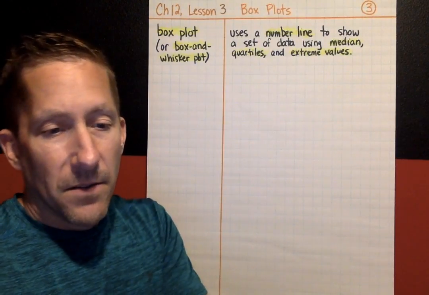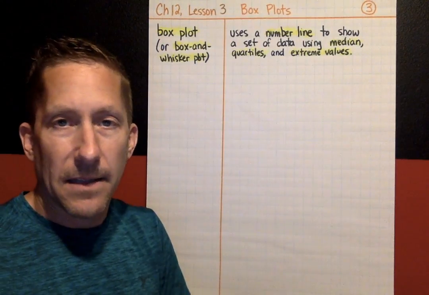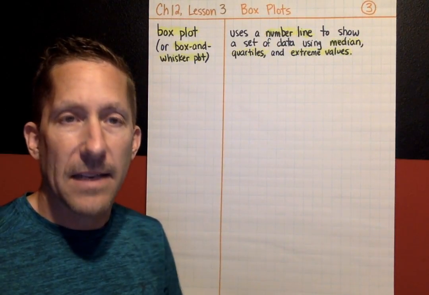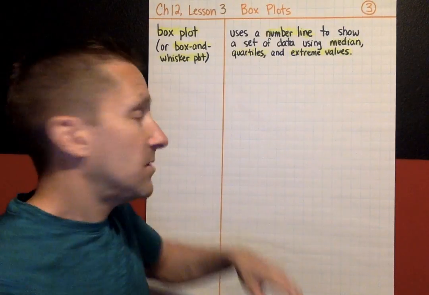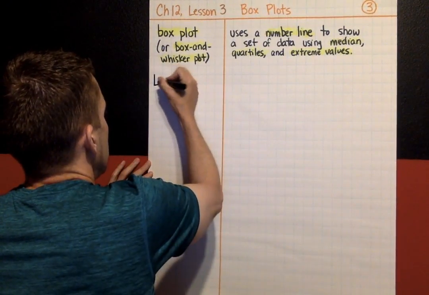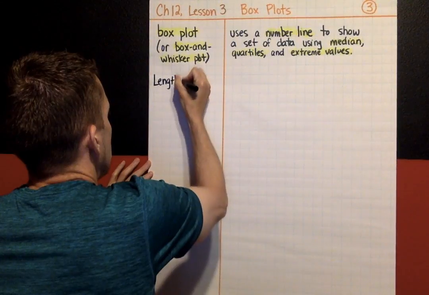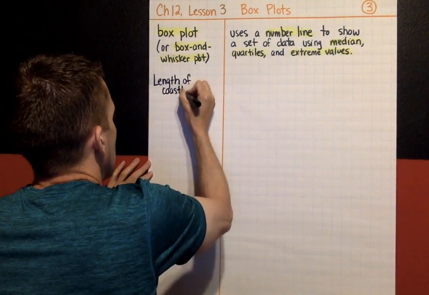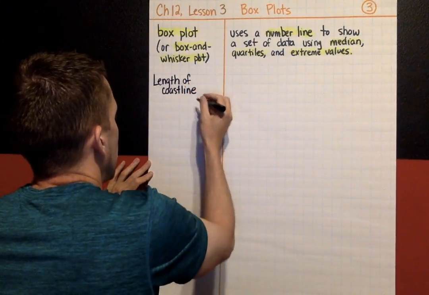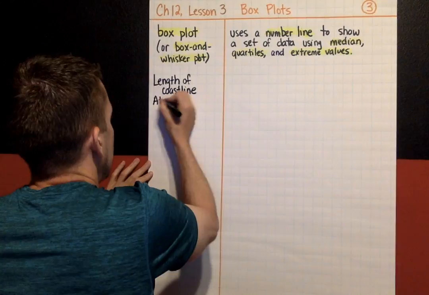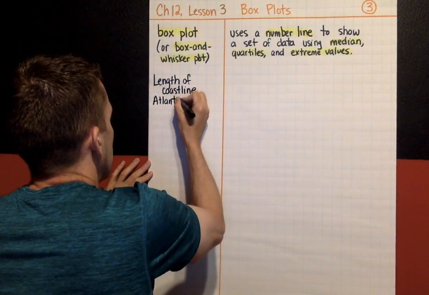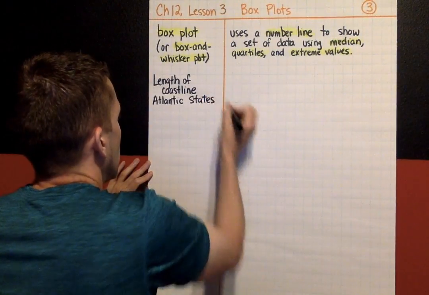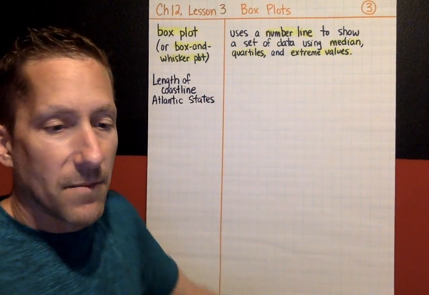Okay, so the example we're going to look at is the length of coastline for 13 states along the Atlantic Ocean. So the length of coastline for Atlantic states. Okay, and here comes our data.